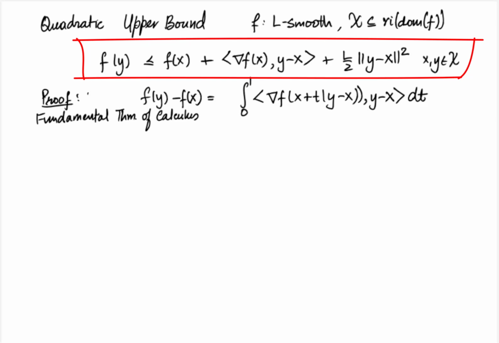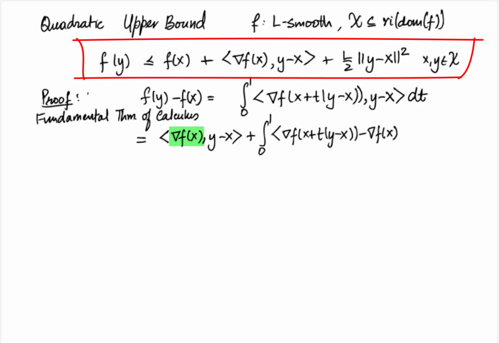In the first term of the inner product, let us add and subtract gradient f of x so as to write the equality: gradient f of x inner product with y minus x plus the integral from 0 to 1 of the inner product of grad f of x plus t times (y minus x) minus grad f of x with y minus x, dt.